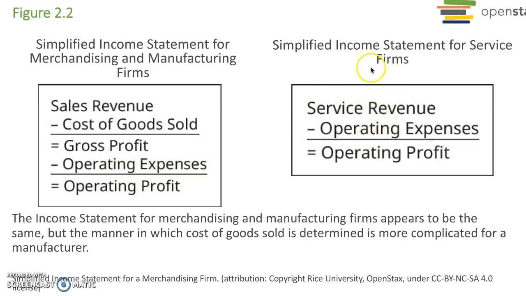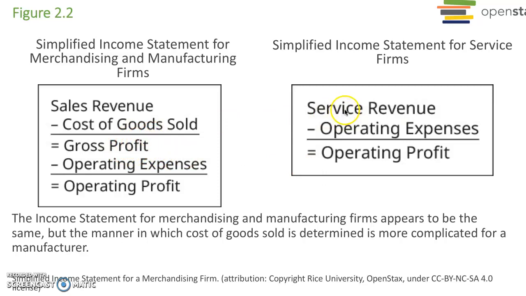When we're looking at the service company's income statement, you will see that there is no cost of goods sold because they don't have inventory to sell. Their main source of revenue is providing services, so the name of the revenue is called service revenue instead of sales revenue compared to merchandising and manufacturing companies. Therefore, you won't see a gross profit calculation.